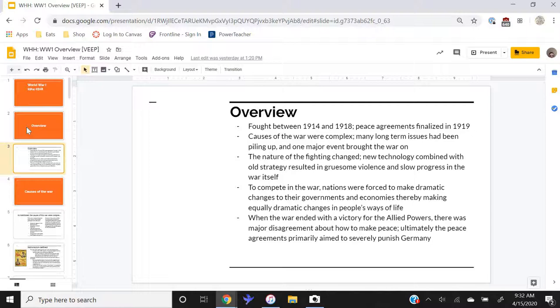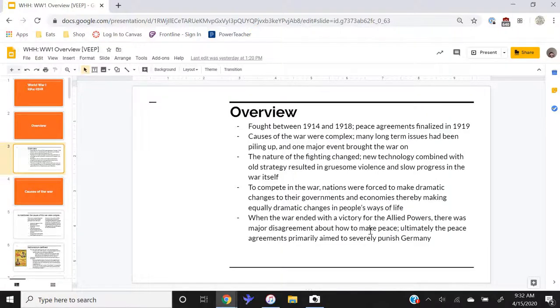And on the other side of that, your enemy nations are going to be targeting your non-soldiers, your civilian population, as a way to stop them from supporting your soldiers. This was a war that involved everyone in supporting it, whether you were a soldier or a worker, and a war which involved being targeted, whether you were a soldier or a worker. And that's what we mean by total war.